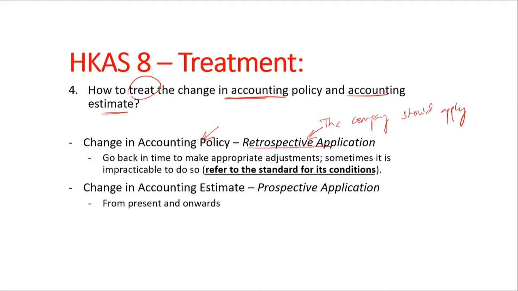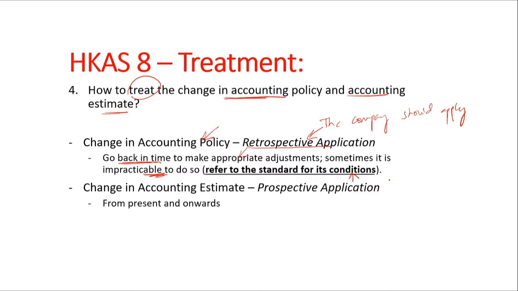In other words, in layman's terms, the company has to go back in time and make appropriate adjustments. Sometimes it is impracticable to do so, for which I would say you should refer to conditions. These conditions are mentioned in the accounting standard HKAS 8, and I will link the complete standard in the description below, so you can easily find the PDF version.